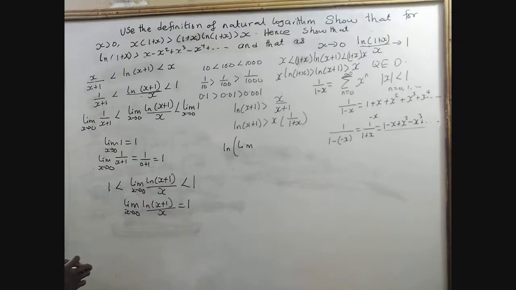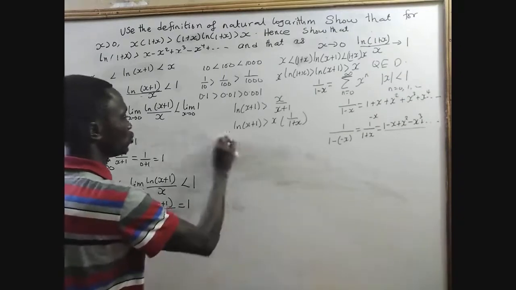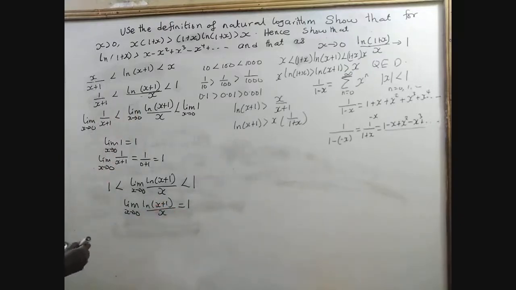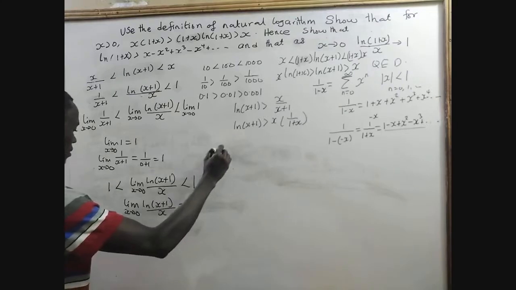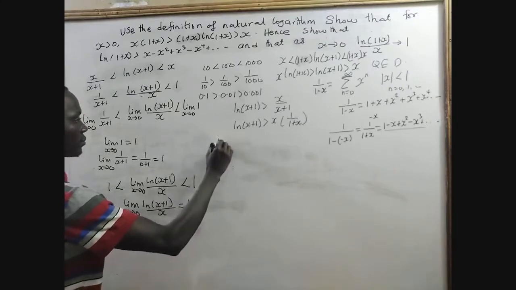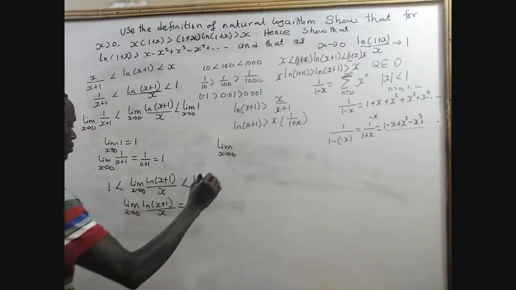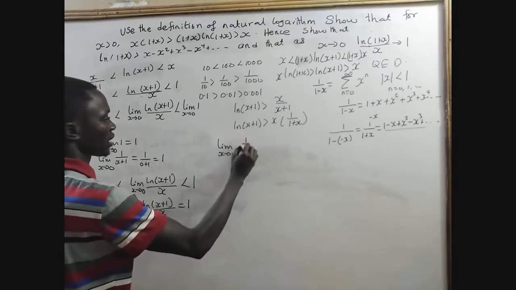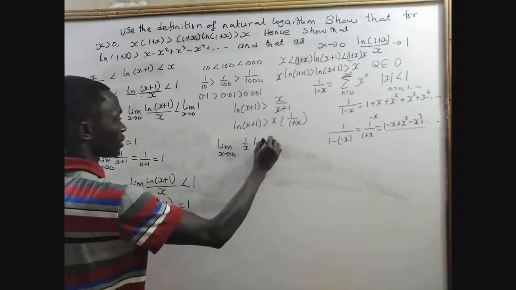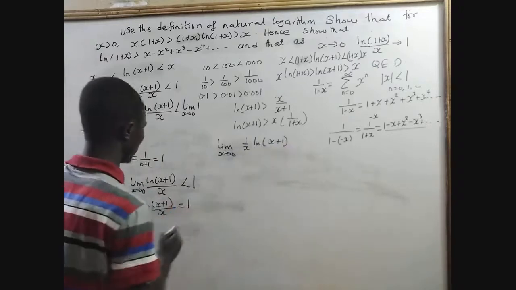Okay, we can make use of this. So let's move on. So this one is the same as the limit as x approaches 0, 1 on x, natural log of x plus 1.